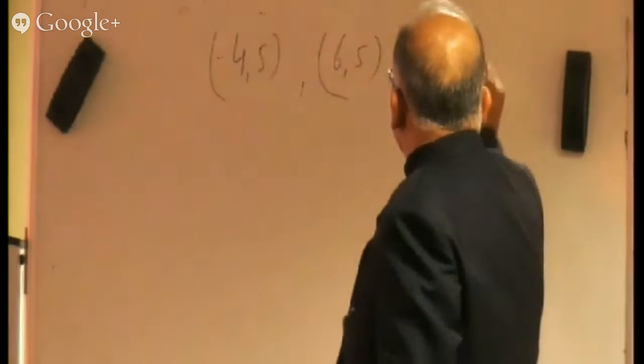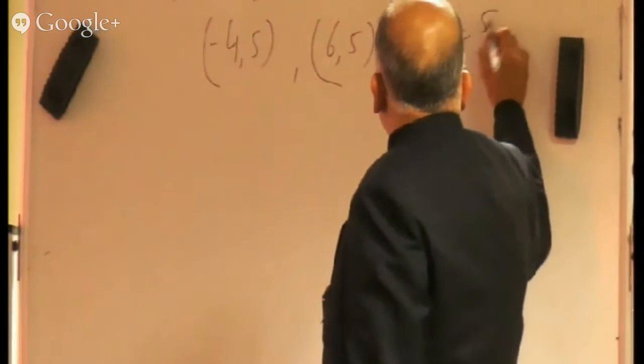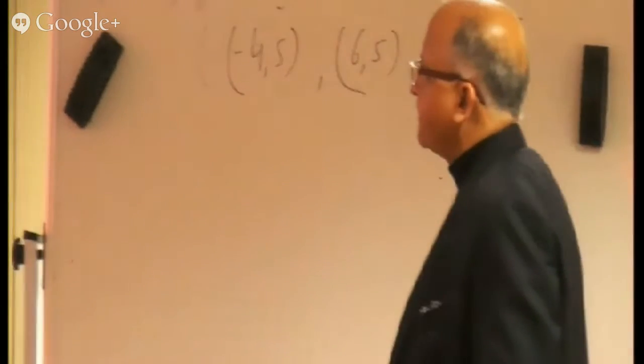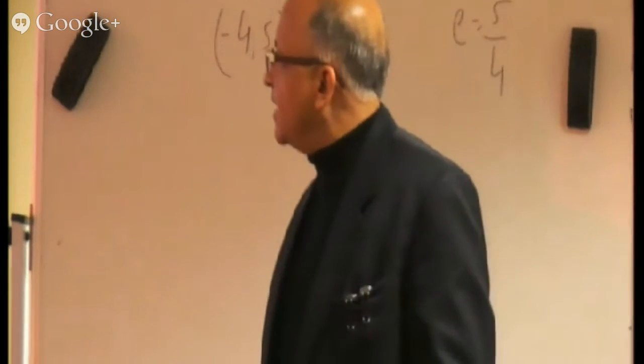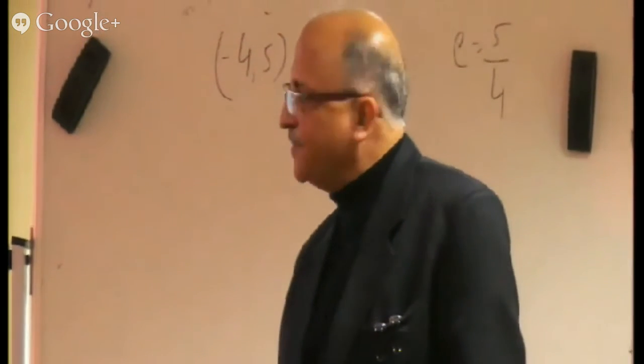It says the hyperbola has these two as foci. One focus is at -4, 5. The other focus is at 6, 5. And eccentricity is given to be 5/4. Then you have to find out its equation.